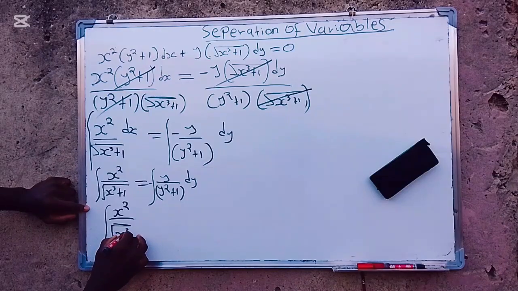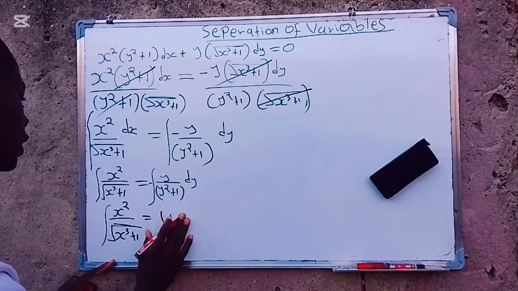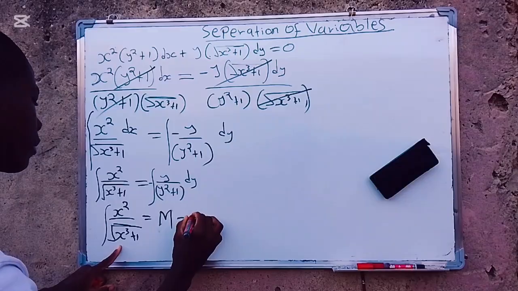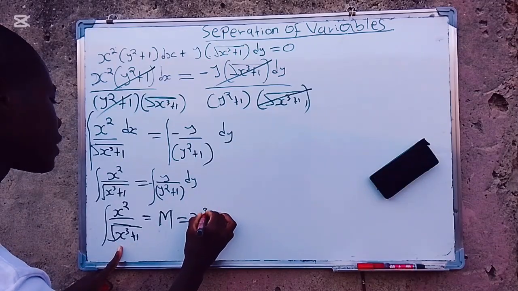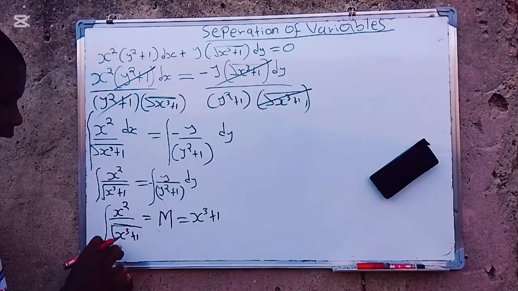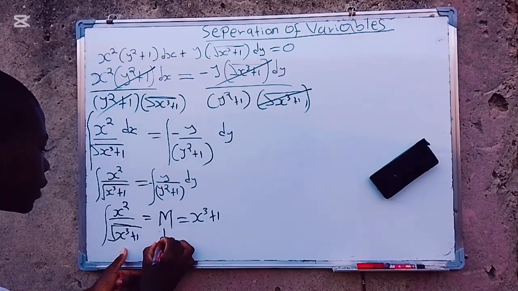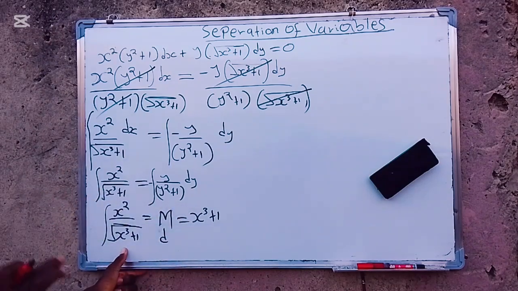I have to let this be u, or let's say let this be m. I have x cubed plus 1, and you have to let this be m. After letting it be m, you have to find the derivative of this m.